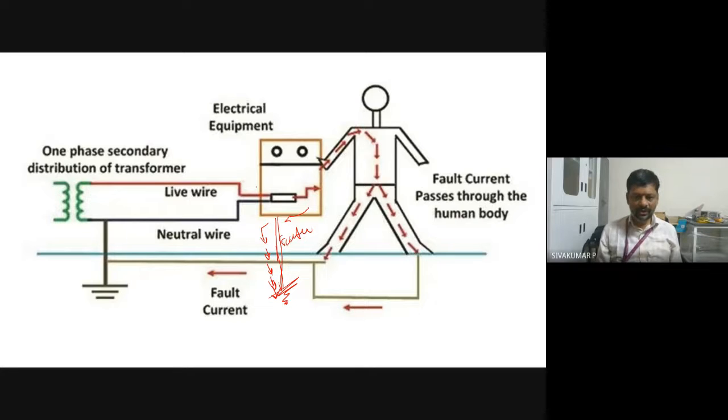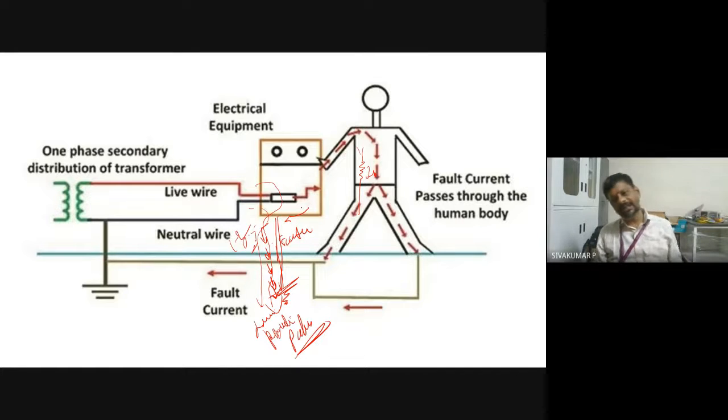The human body has some resistance. Assume 20 ohms for explanation purposes, and this is 0.5 ohm or 1 ohm. The current will choose the lowest resistance path. This leads the system to protect the human being from electrical shocking hazards.